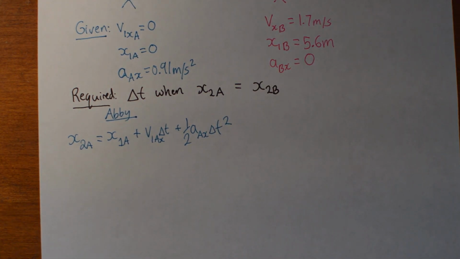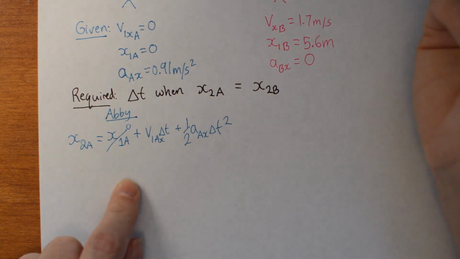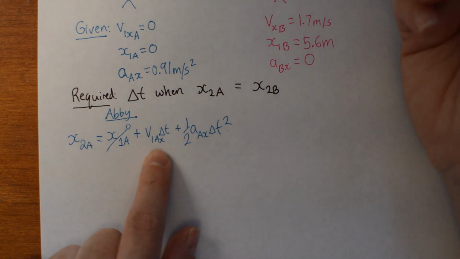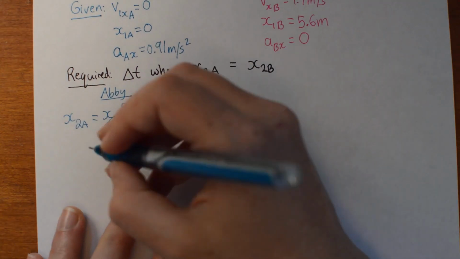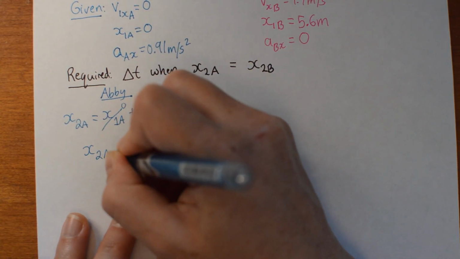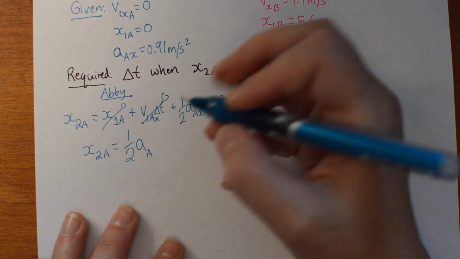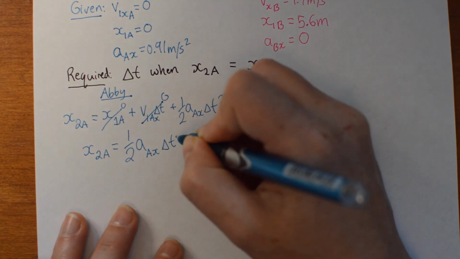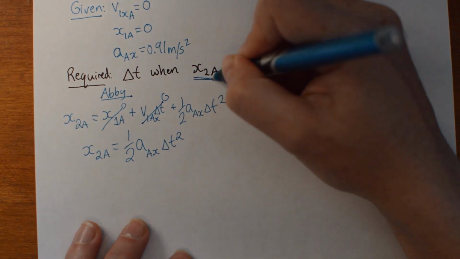Let's see if there's anything I can simplify here, right? I know that x1 is 0, so any terms that are 0 you can just get rid of right away. I also know that v1 of Abby is 0, so that whole term is gone. That means that Abby's equation simplifies to x2 of Abby is just a half times the acceleration of Abby in the x direction times the time squared. That is the x2 of Abby.